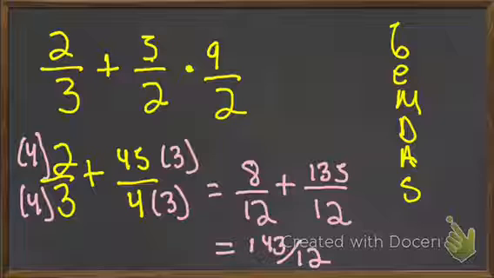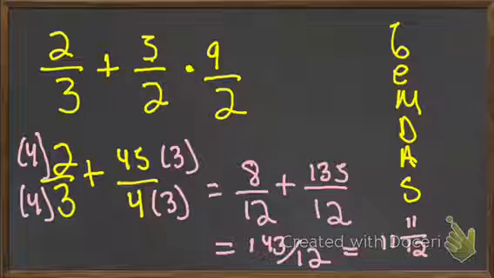So go ahead and try simplifying 143 over 12 to a mixed number. Hopefully you have paused the video and tried it yourself, but once you change this improper fraction to a mixed number, the mixed number you're going to get is 11 and 11/12. Go ahead and try that, and if you get a different answer or notice a mistake, please let me know in the comments so I can go ahead and fix that.